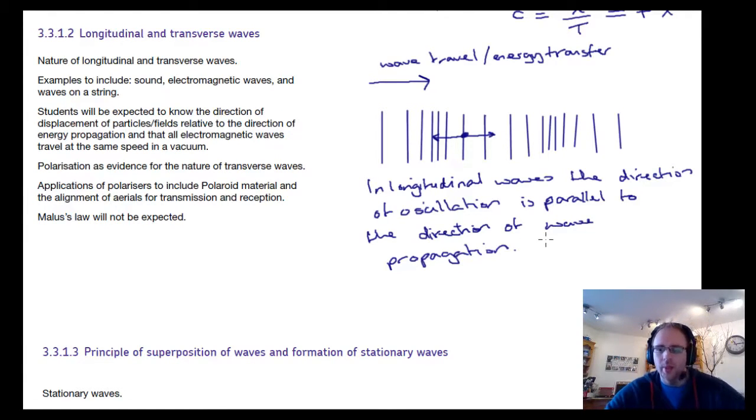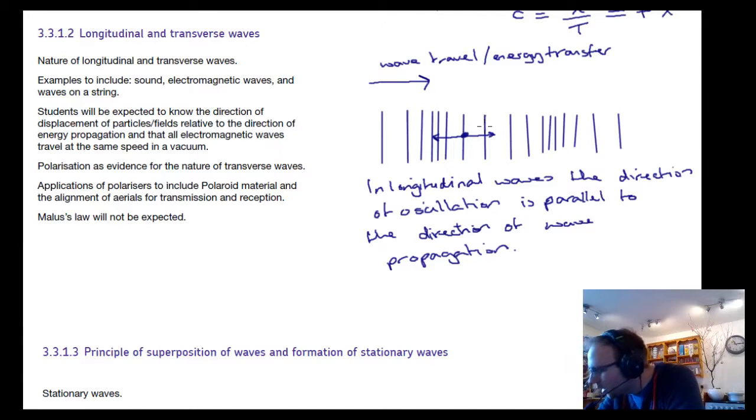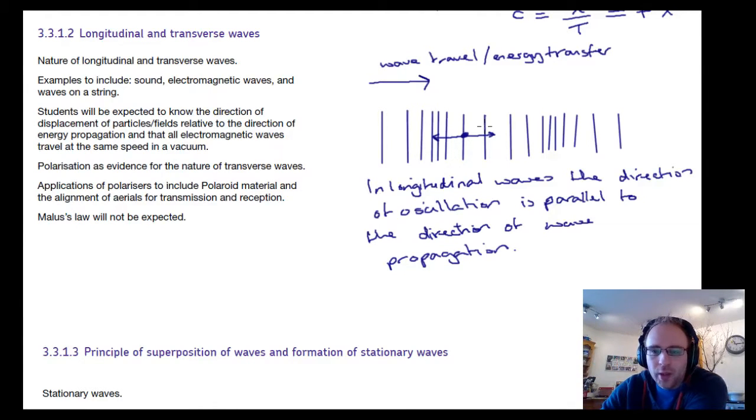So longitudinal waves, the particles, and there will be particles because there aren't any longitudinal waves which aren't in a medium. The direction of oscillation of the particles of the medium is parallel to the direction of wave propagation. So if the wave is travelling to the right, the direction of oscillation is backwards and forwards.